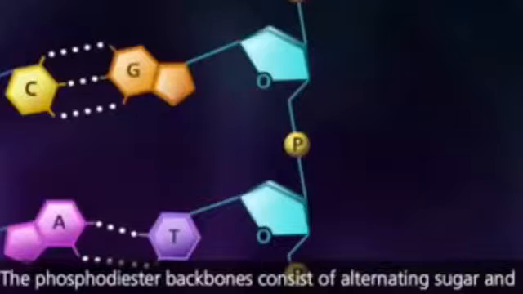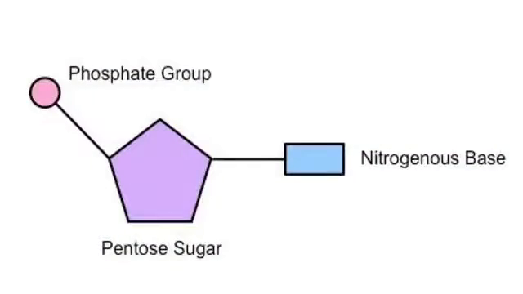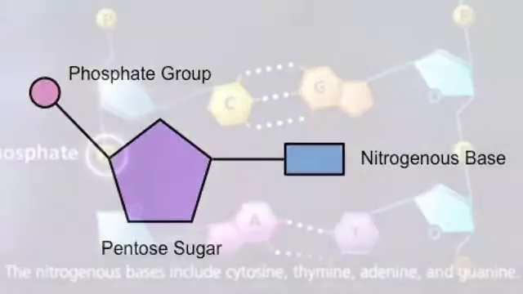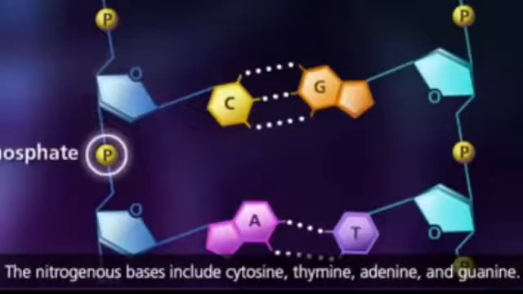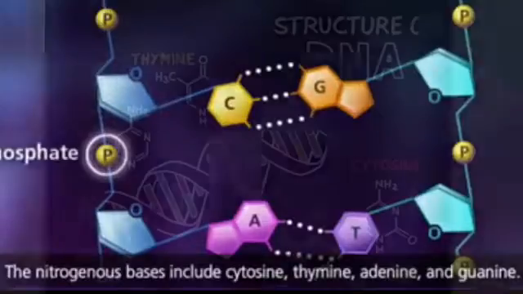The phosphodiester backbones consist of alternating sugar and phosphate groups. The nitrogenous bases include cytosine, thymine, adenine, and guanine.